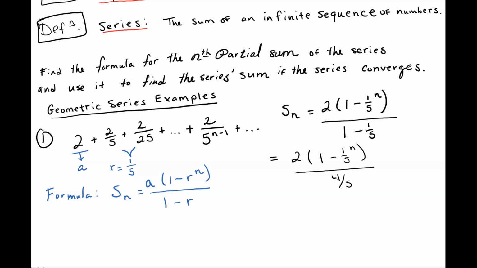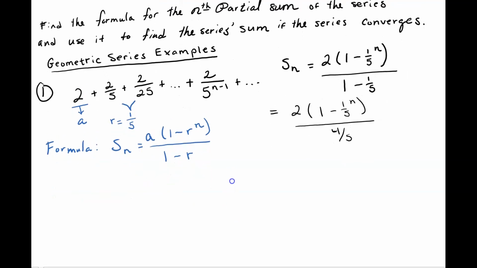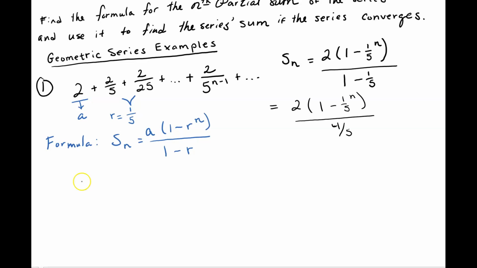Okay, and what we're going to do here is we're going to take the limit. Okay, we're going to take the limit as n approaches infinity of that series S sub n, of that formula rather. So let's take a look.